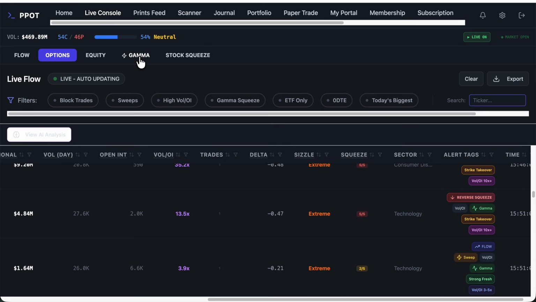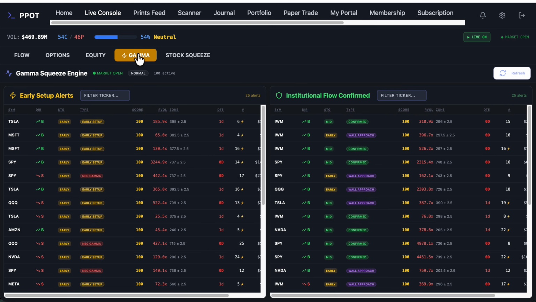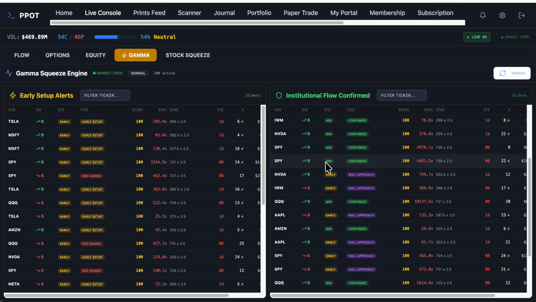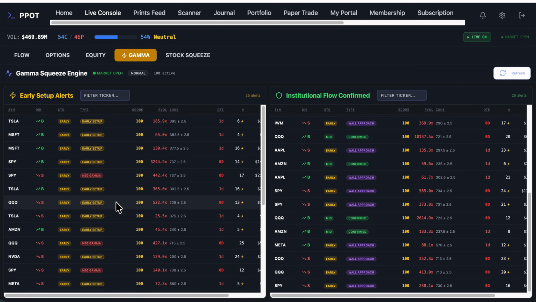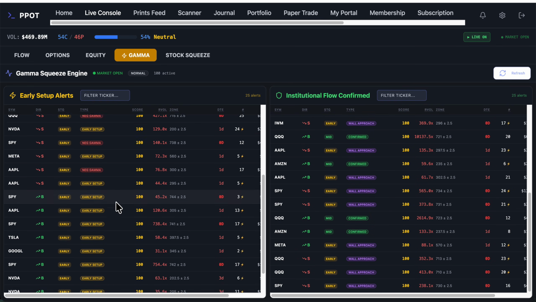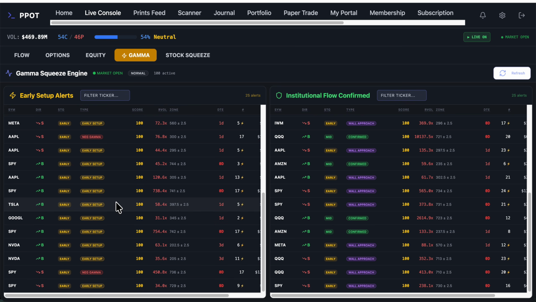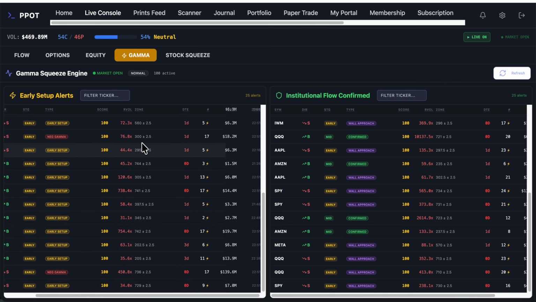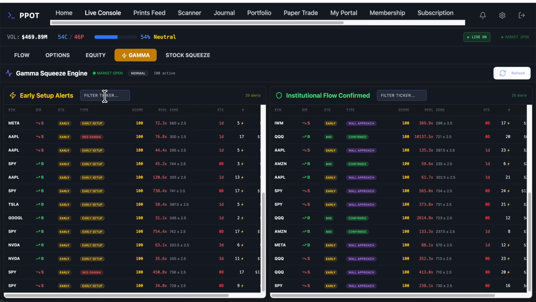Let's come over here to the Gamma tab. So you can see the institutional setup and the institutional flow confirmed. So I'm just giving you a quick sneak peek on that, so you can actually see how this engine is working, and you can steal some of the signals that you can actually get into.